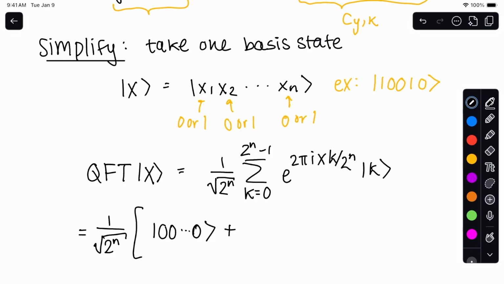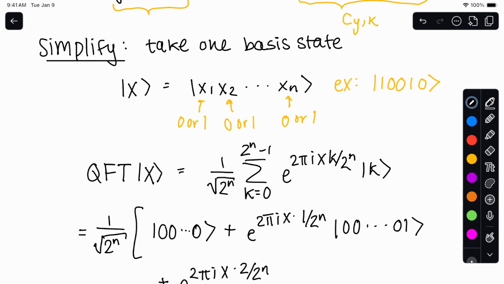Then we have the state k equals 1. So that's going to be the state that's like 0, 0, 0, etc., 1. And that's going to have the factor e to the 2 pi i x times 1 over 2 to the n. The next one would be e to the 2 pi i x times 2 over 2 to the n.